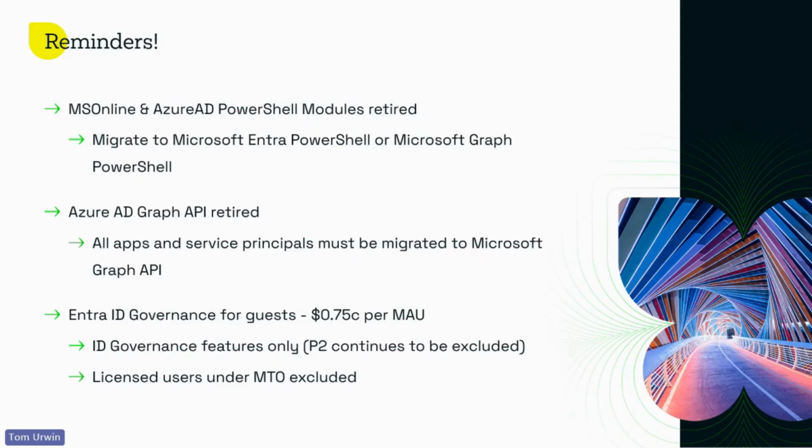But that is a fraction of the cost of full business users. So hopefully that is viable for many. Also to make clear, if you have a multi-tenant organization, you don't need to license people twice. As long as they have a license in one of the organizations, then they can continue to use those ID governance features without the extra license cost.